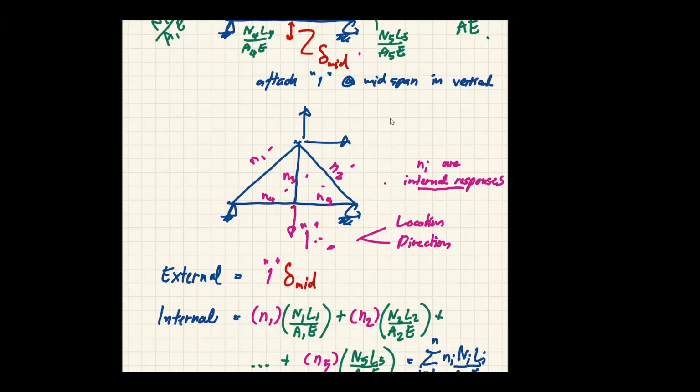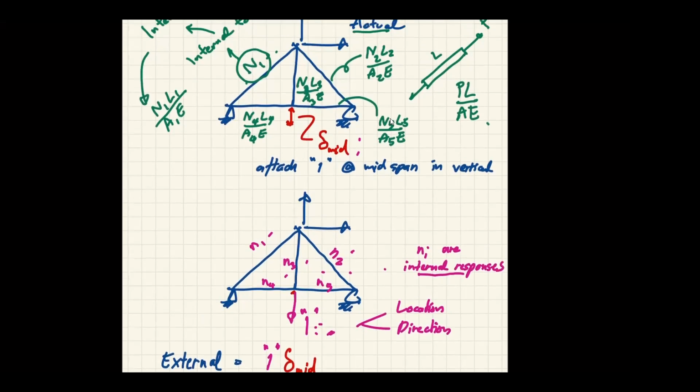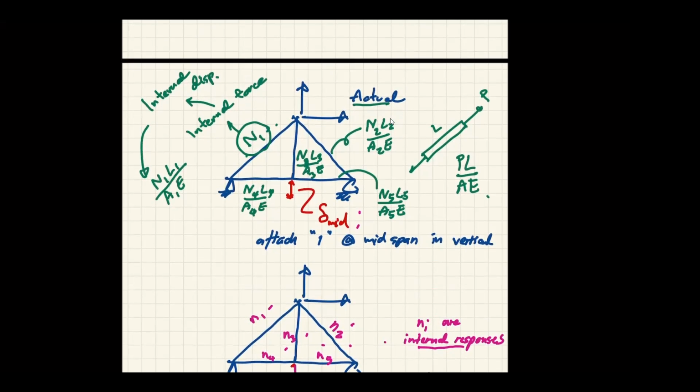It's not the real load. So the work done by it is this multiplied by the actual displacement that you want to know. But when you apply this, you have the internal response in the pink ones. And so you have the internal load. The internal response, which is also virtual, multiplied by the actual internal displacement, which is the deformation of each member under the actual load.